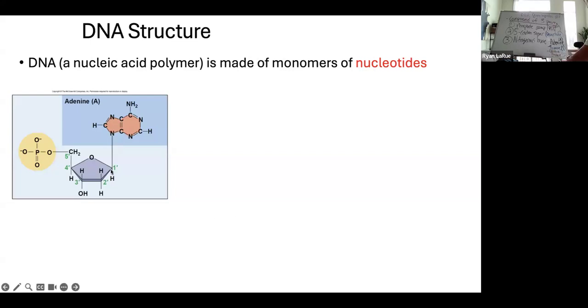But you can see it has a phosphate, the 5-carbon sugar, and the base. Nitrogenous with all the nitrogens, right?